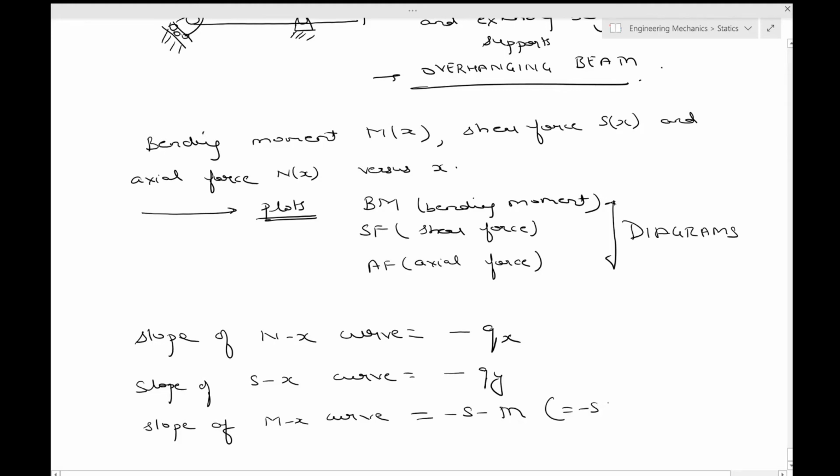It is equal to minus S if m is equal to 0. We saw these when we were discussing bars, and these are very important in trying to draw the plot. So you may have an expression for N or M or S, but you then have to take a derivative of that and then you can draw the diagrams.